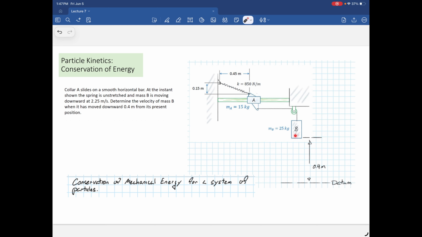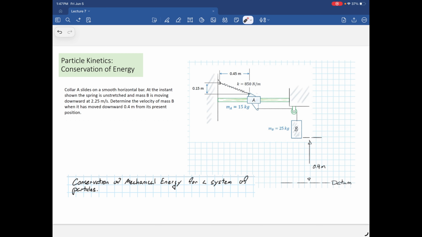So B is going to move down. We can call this the datum. So when mass B gets down to the bottom, it will have 0 gravitational energy. And since B and A are attached by a string, as B moves down 0.4 meters, mass A will move to the right 0.4 meters.